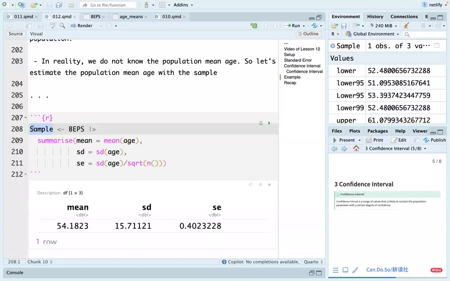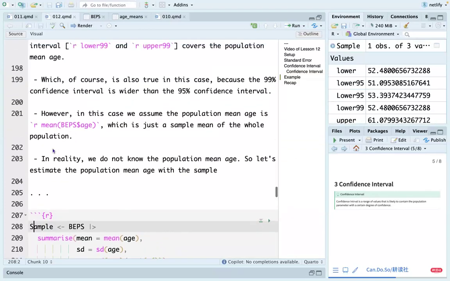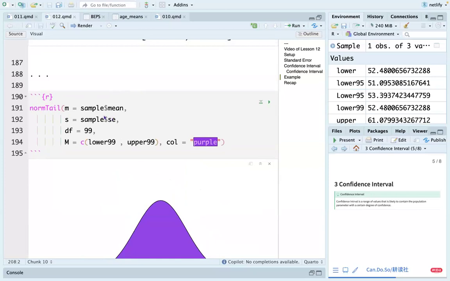This time we use the capital S to differentiate from the 100.